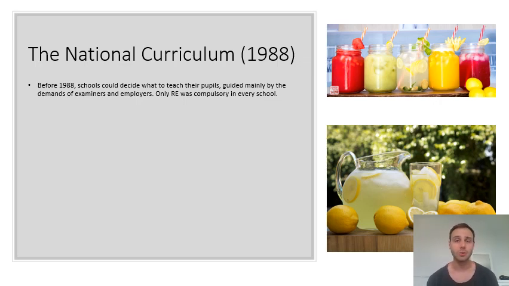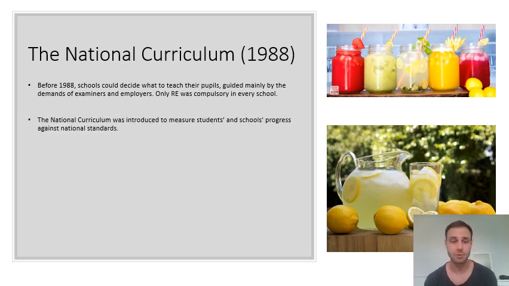And so schools before then had a lot more freedom, and the government wanted to make it a lot more standardized, a little bit like our Lemonade Authority. They wanted to be able to measure the quality of different schools, and the national curriculum was one of the ways of them doing this.